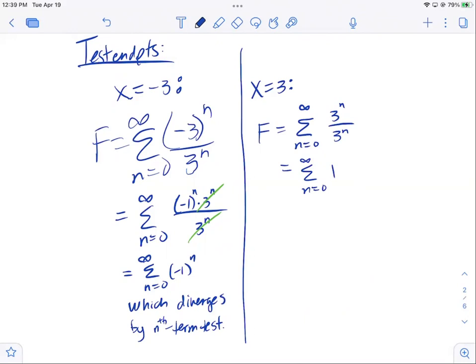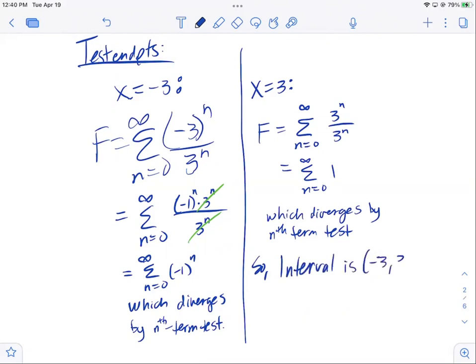That also diverges by the nth term test. So we can't include 3 in the interval either. So the interval of convergence is strictly negative 3 to 3, and the radius, for what it's worth, is still 3.